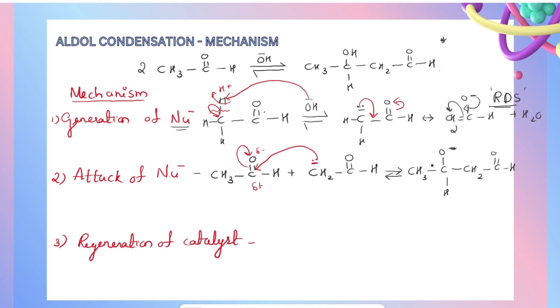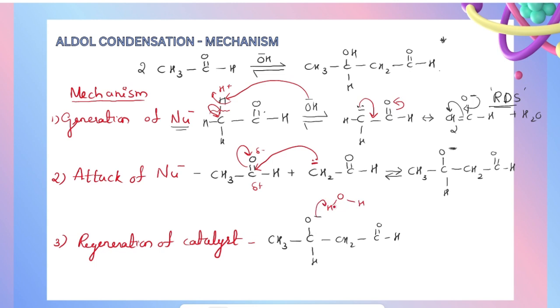Finally, you have to regenerate the catalyst OH minus. What does that mean? You take this oxide ion and treat it with water. You don't have to treat, the water is already there, right? So it's going to pick up the proton. See how it happens?